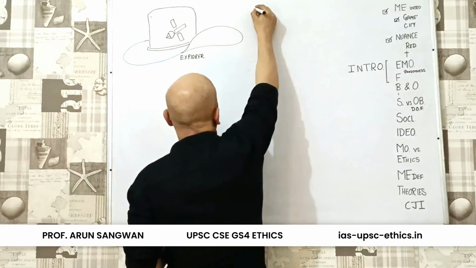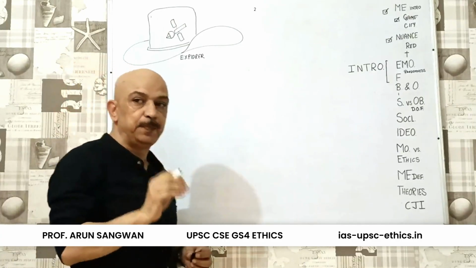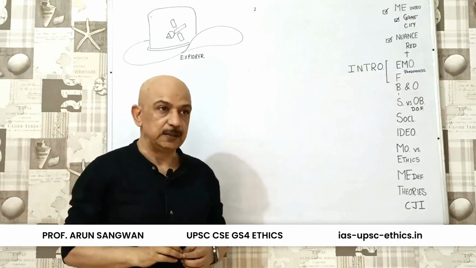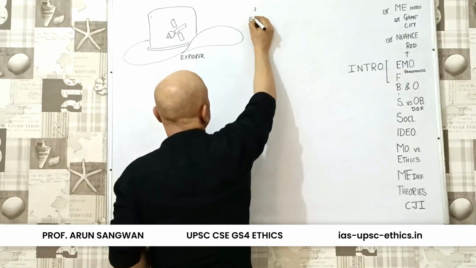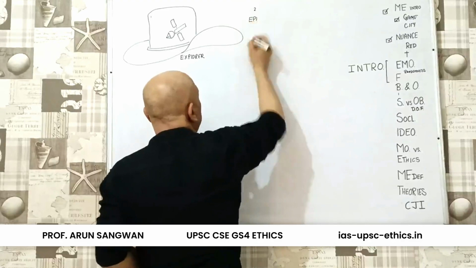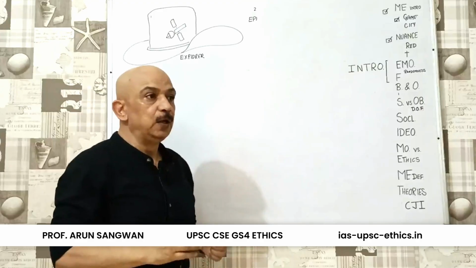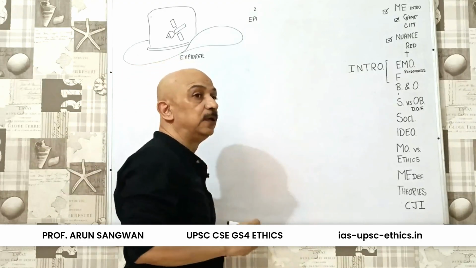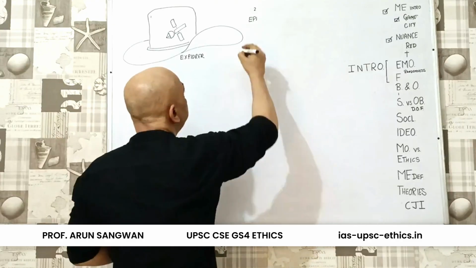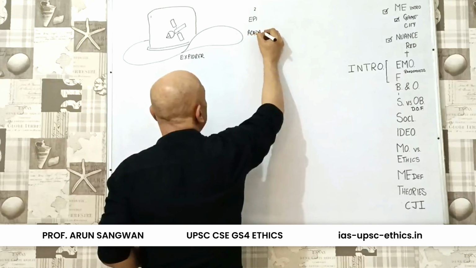I'm not drawing the second hat, but the second role that we were playing was that of an epistemologist. Okay, so I'm just going to write epi. Okay, you write epistemologist. What's an epistemologist? An epistemologist wears the hat of an academic researcher.